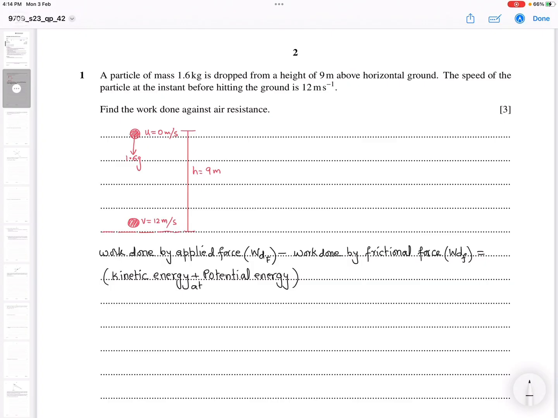Let me write it here, at the base, minus kinetic energy, I can write it in short words, plus potential energy at the top.